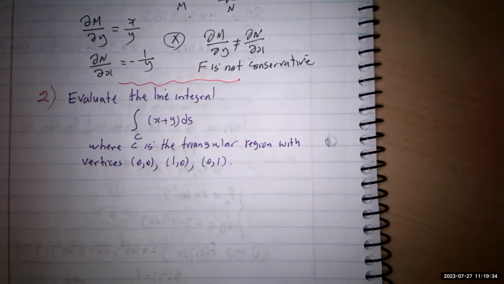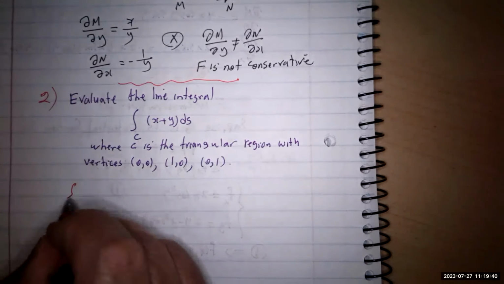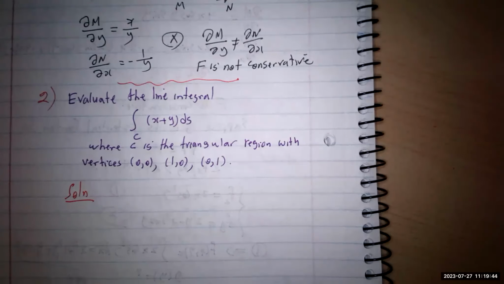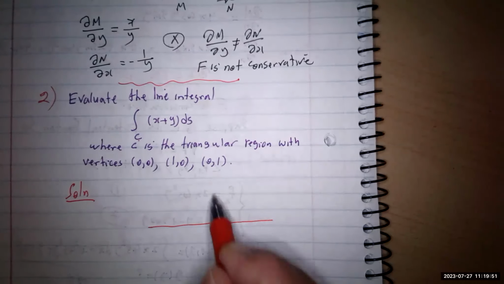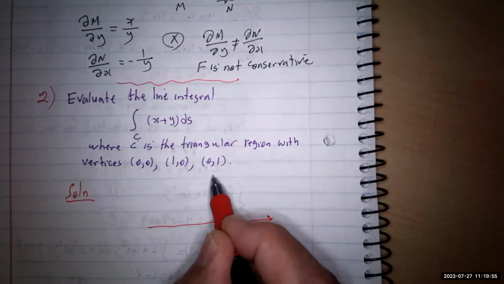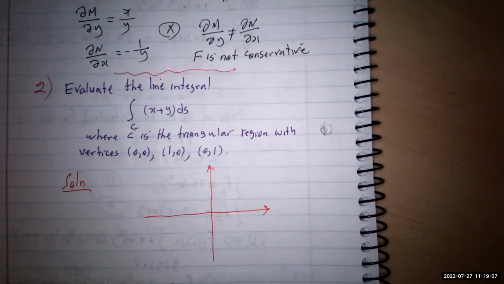So this is going to be the solution. Identify the path: you have to identify what type of curve you have and how to handle it. So get the triangle. Where are the points?